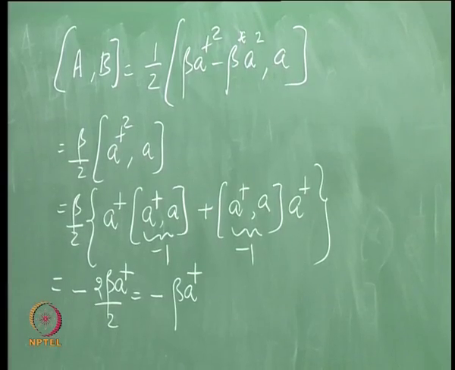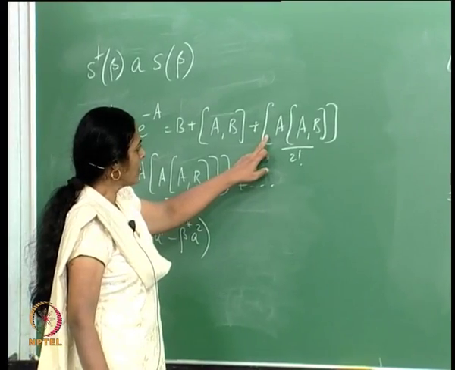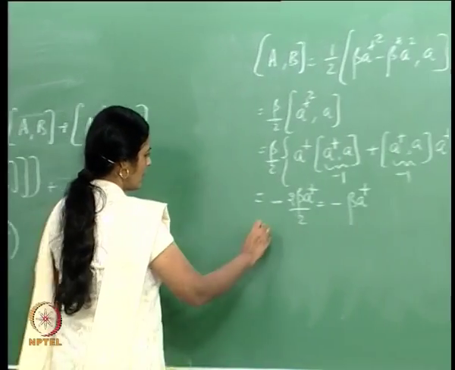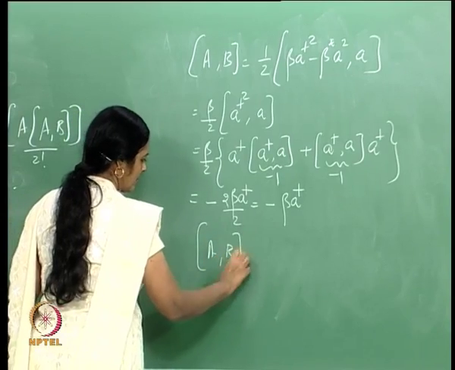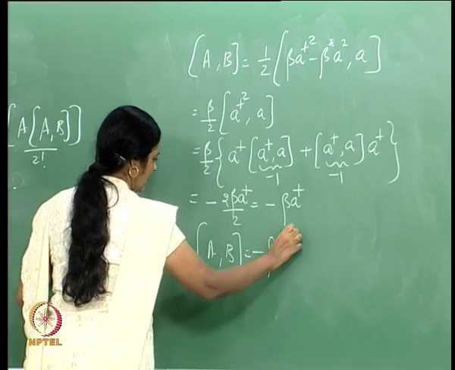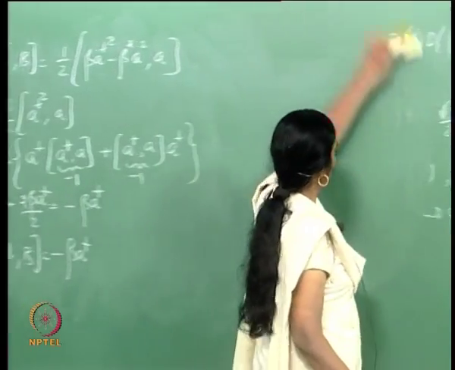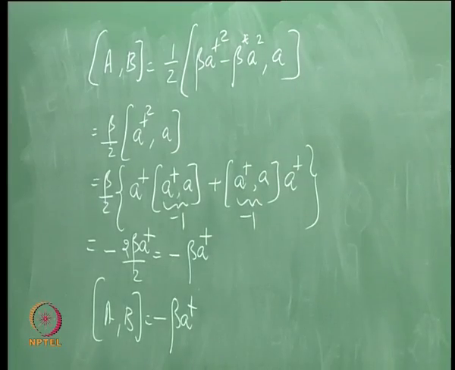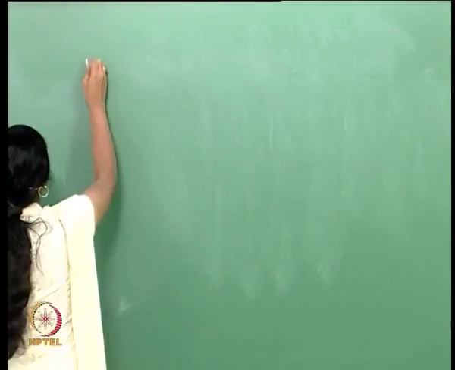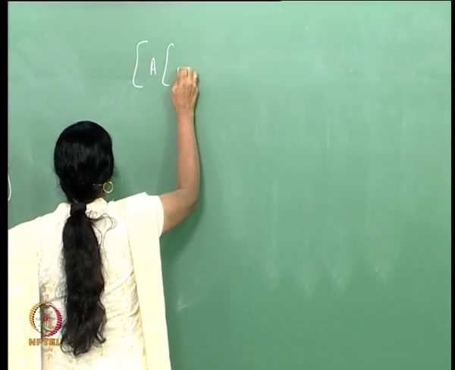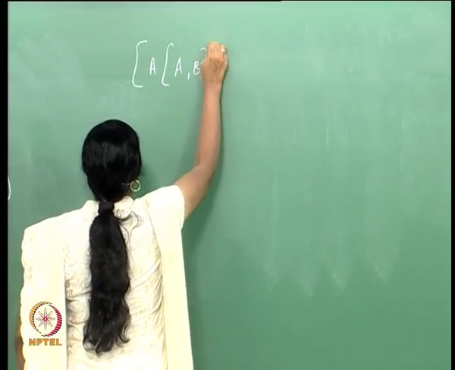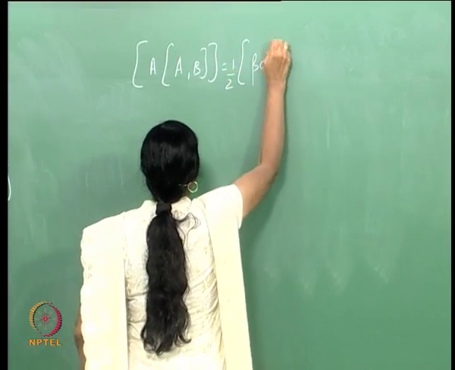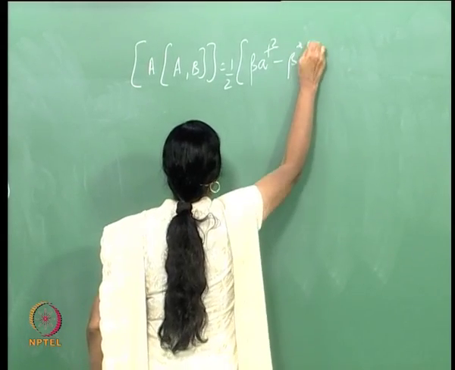Now, I need to find the next term, which is the commutator of A with B by 2 factorial. Let us work out that commutator now. Commutator of A with B is a half beta A dagger squared minus beta star A squared.